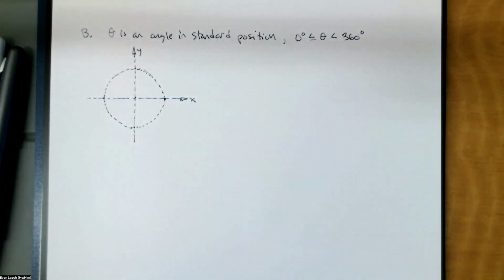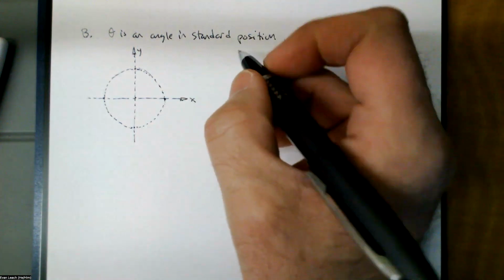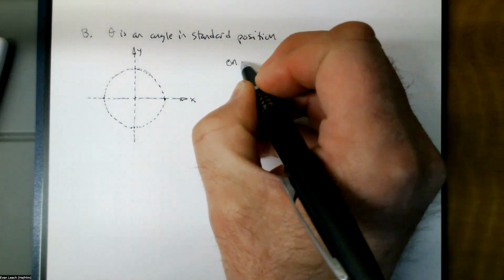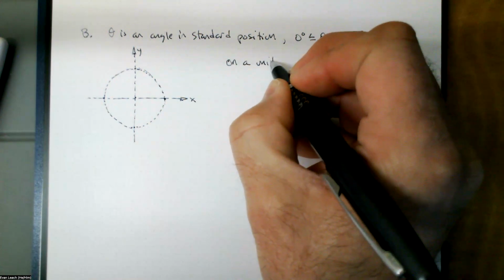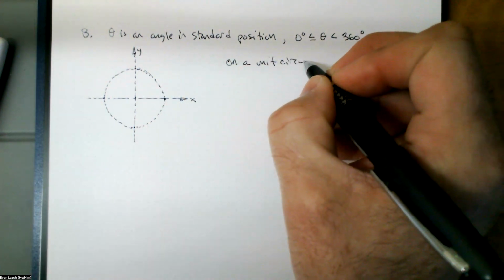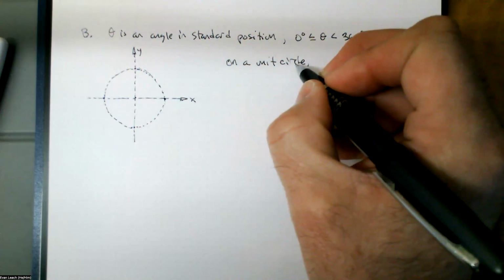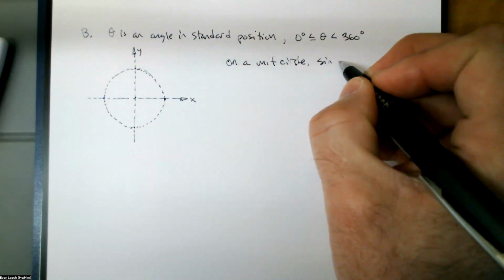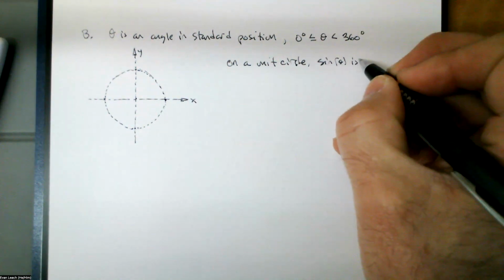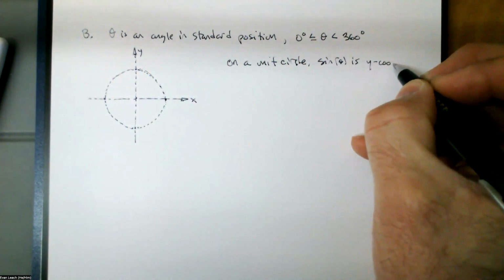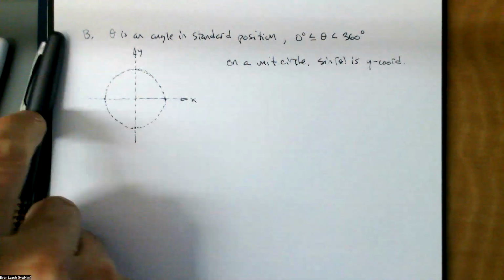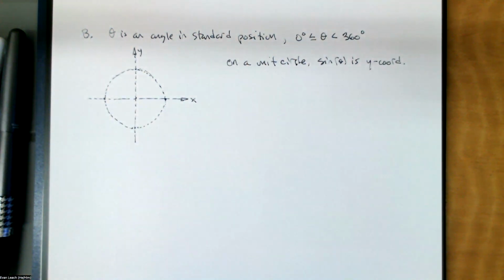So in this context, when I see sine of theta is equal to 1/2, we know that sine is the y coordinate. On a unit circle, sine of theta is the y coordinate. So we're looking for the places where the y coordinate is equal to 1/2.